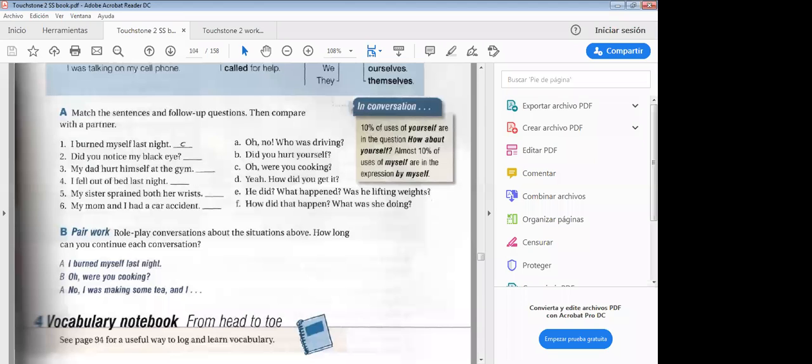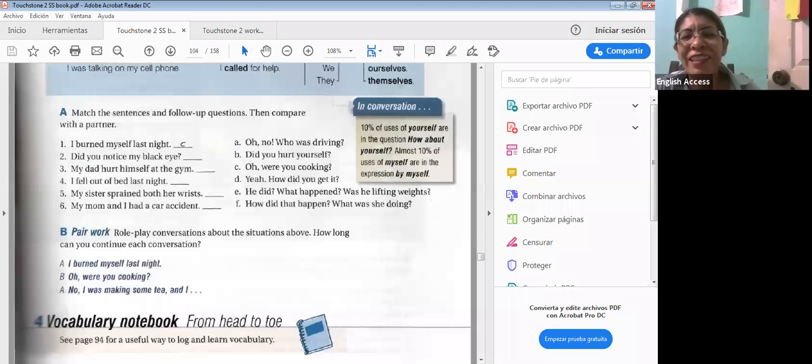Yes, a ball hit me, on my face. Yes, maybe you were playing, the ball hit you. Okay, number 3.